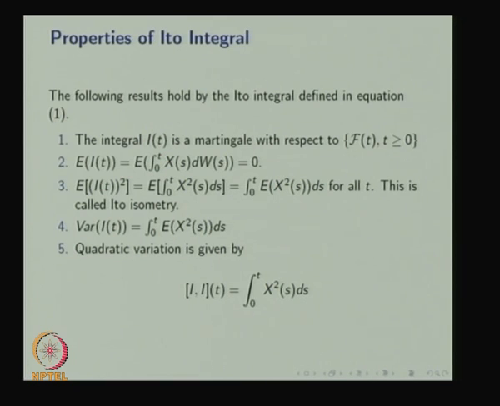So for the proof, if you want to verify that a stochastic process is a martingale, you have to check three properties. The first property is that the stochastic process, for fixed t, has to be integrable. Then it has to be adapted. Then the third property: the conditional expectation has to satisfy the equality property.